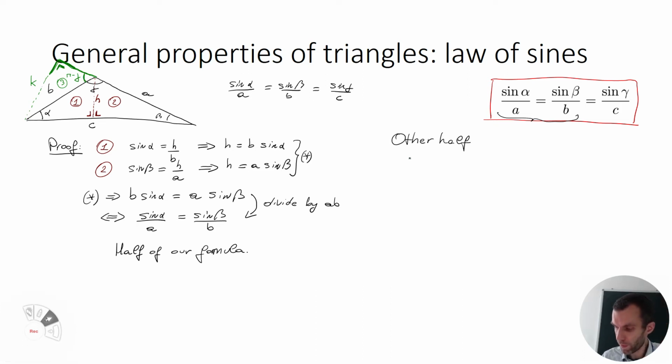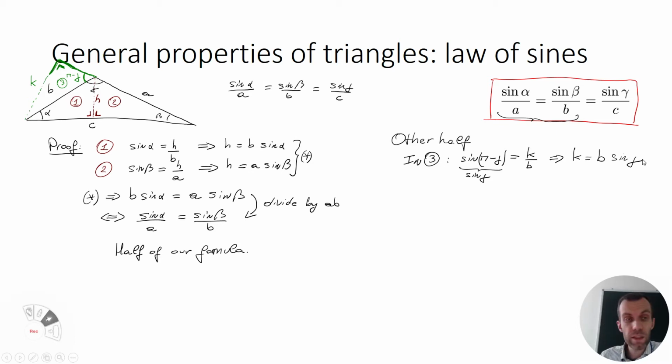And so in triangle 3, I have that sine of pi minus gamma is equal to, again, the opposite side divided by the hypotenuse, that's b, so k divided by b. And I know from my trigonometry formula that this is just sine of gamma, so this formula tells me that k is equal to b times sine gamma.